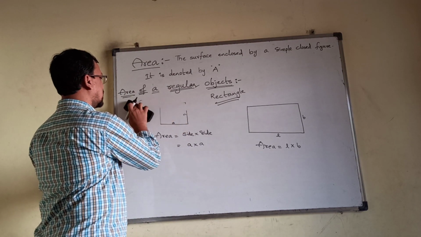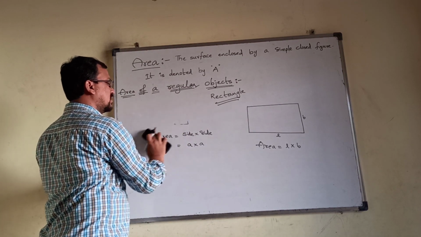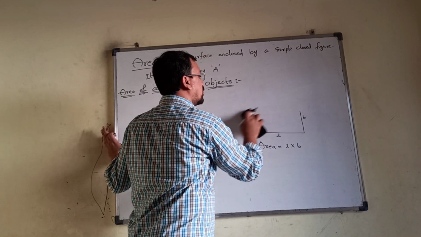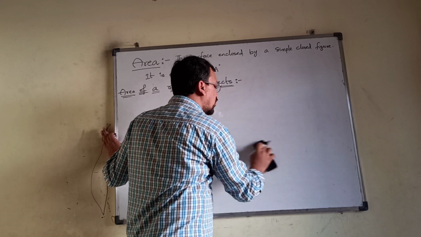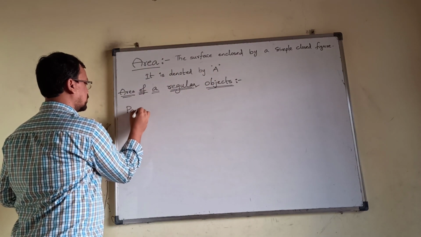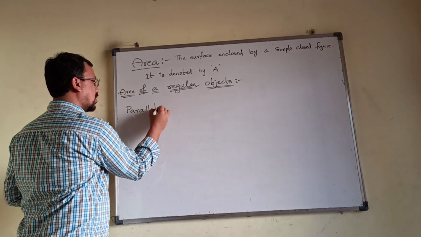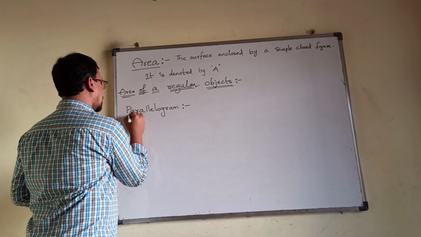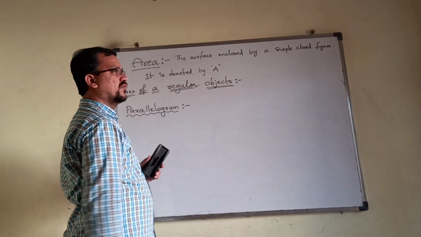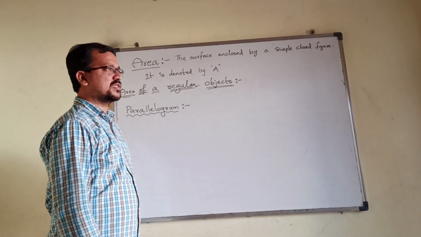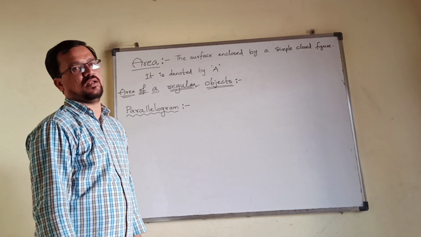Let me take the first one: how to find the area of a parallelogram. What is meant by parallelogram? A parallelogram is a simple closed figure formed by four line segments in which opposite sides are parallel.